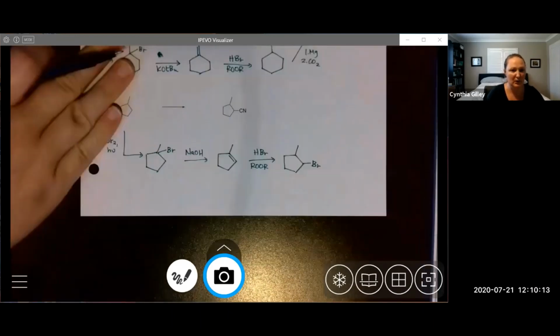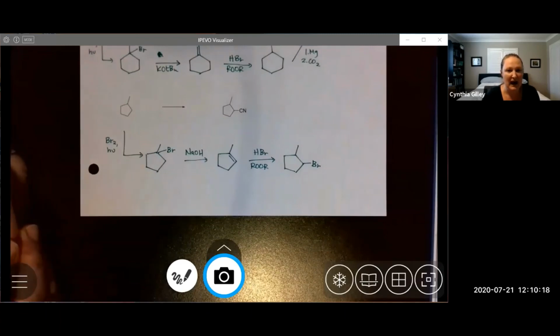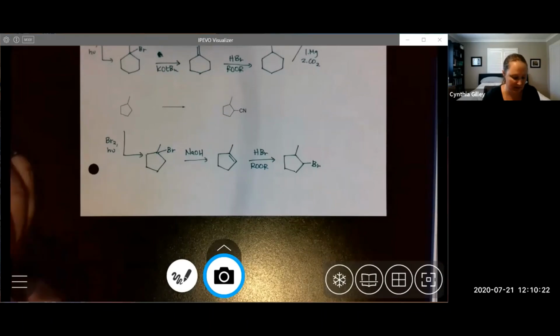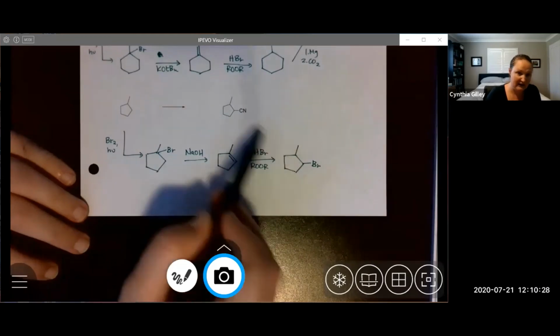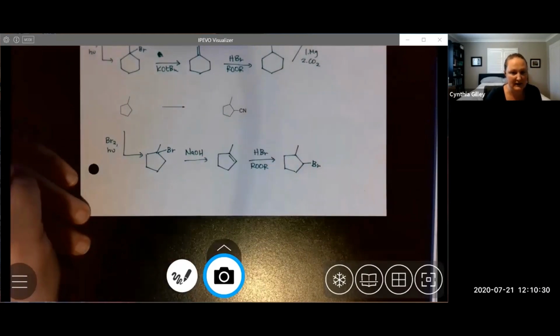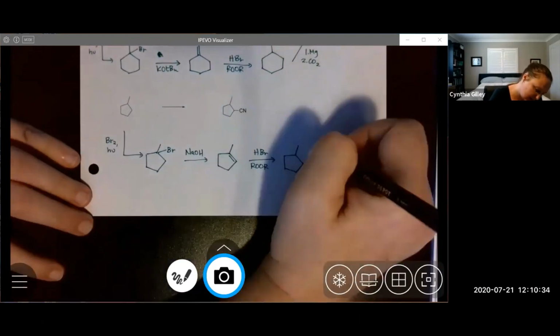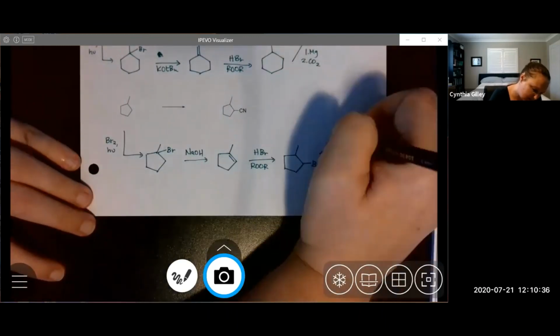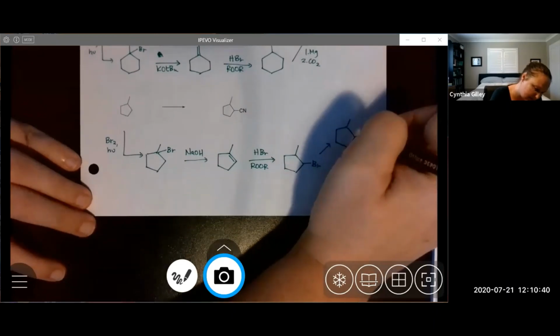Or you could do a longer approach and take a higher yield for all your steps, but it would take a lot more time to do it. So I think it's up to the chemist at this point. So either sodium cyanide and take a lower yield because it's secondary, or you do a longer approach where perhaps you want to get to the nitrile through a carboxylic acid derivative.